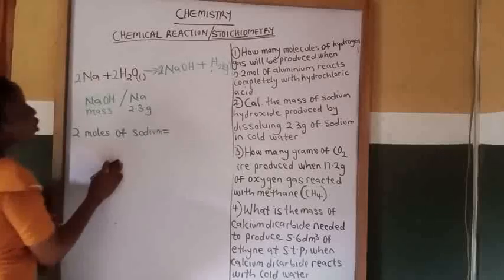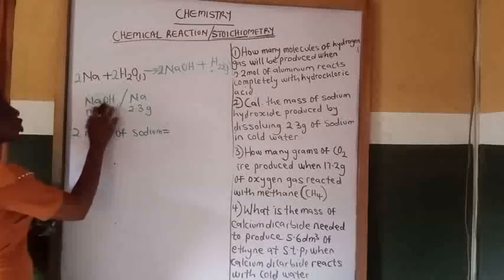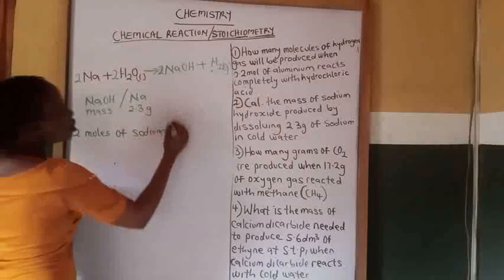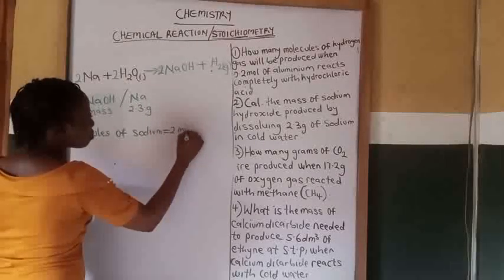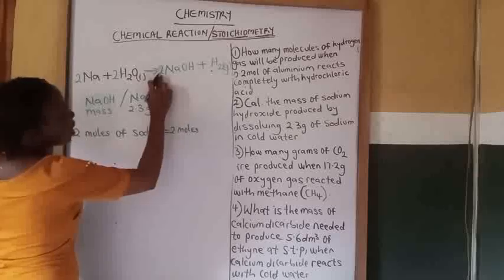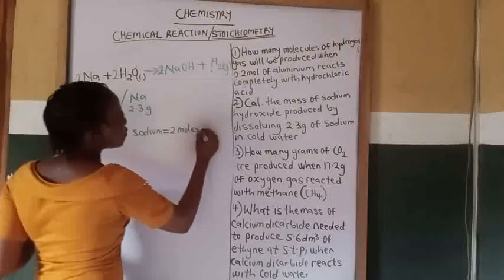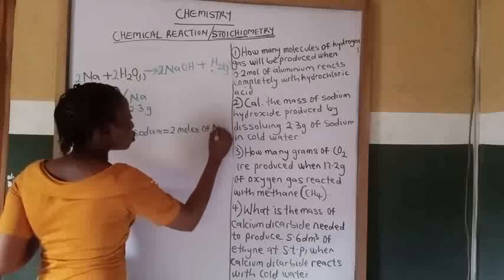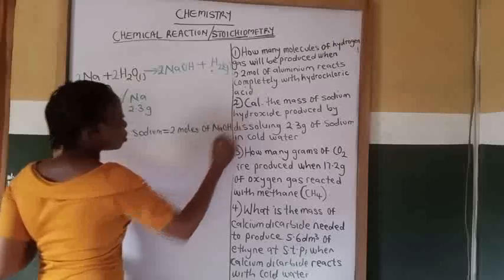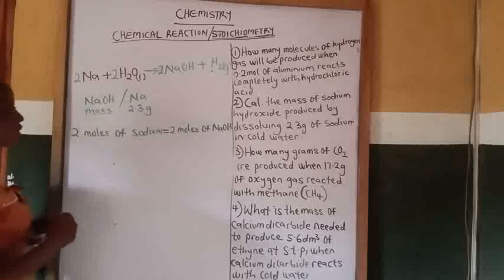We produce, then we also need sodium hydroxide. We produce 2 moles, because the coefficient of sodium hydroxide is 2. 2 moles of sodium hydroxide.